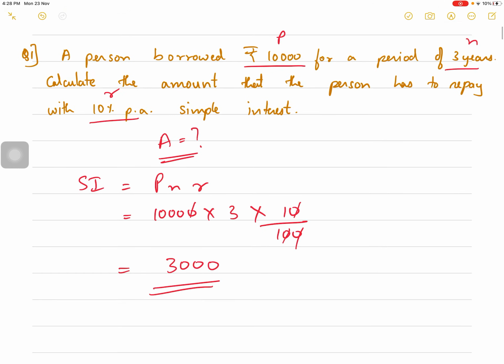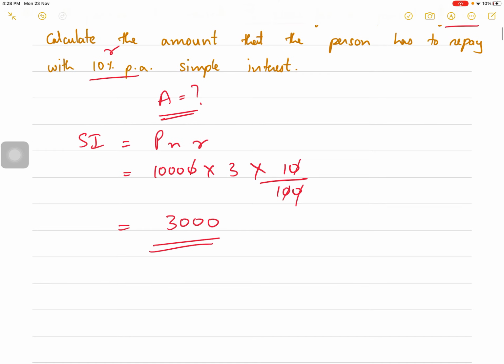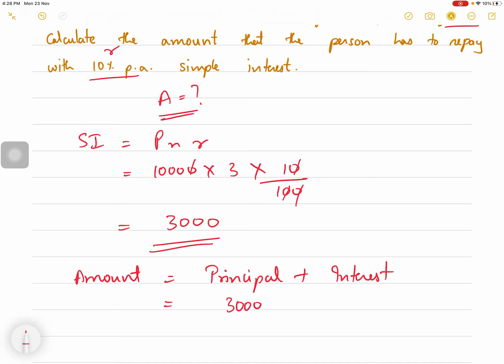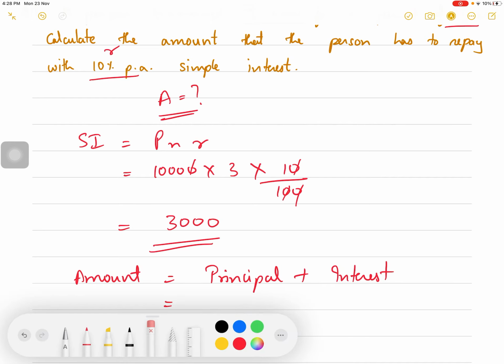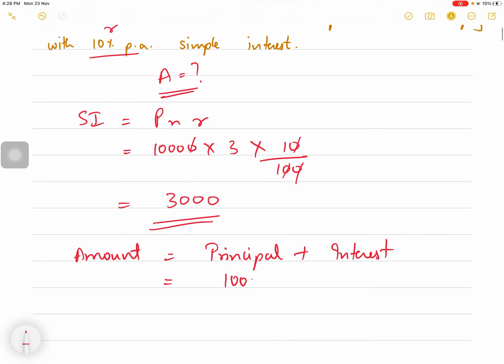The person has to repay principal plus interest, so amount is equal to principal plus interest. Principal is 10,000 and interest is 3,000. So 13,000 the person has to repay.